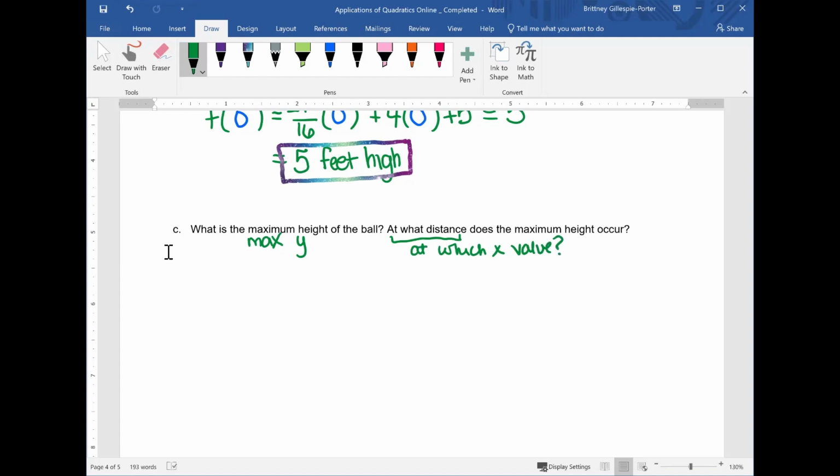So with this, whenever they ask for maximum y value, they're talking about the y value of the vertex. So they're talking about k. Because remember, our vertex of any quadratic is in the form h comma k. And if they're asking where the maximum height occurs, at what distance, that means that we need the h coordinate of the vertex.